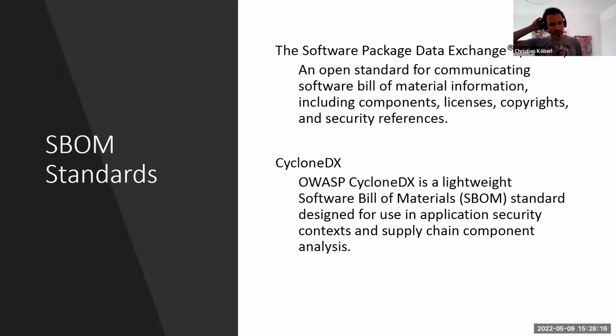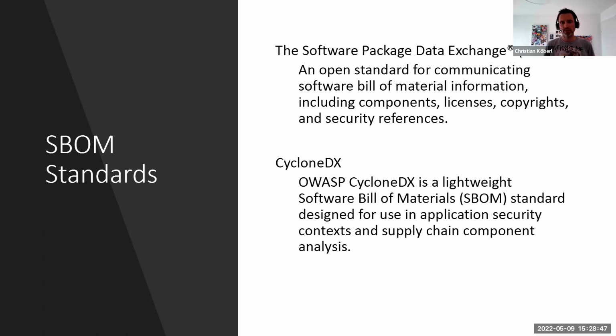Currently, there are two competing standards regarding software bill of materials. One is the Software Package Data Exchange, SPDX, which usually comes from the area of license management, copyright, and stuff like that. And the second one is CycloneDX, which is from the OWASP group, and CycloneDX comes more from the security perspective.